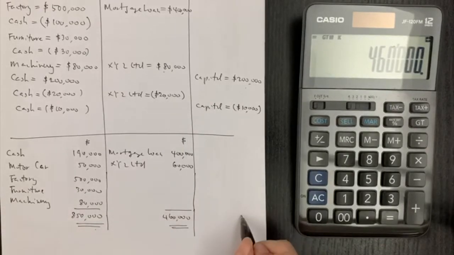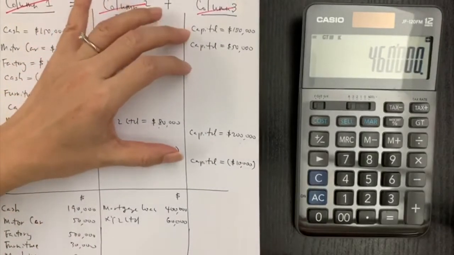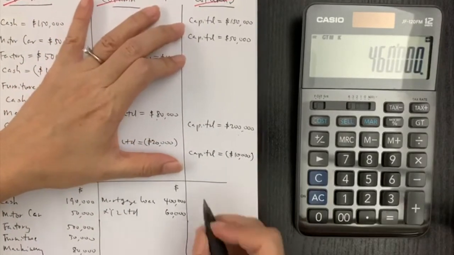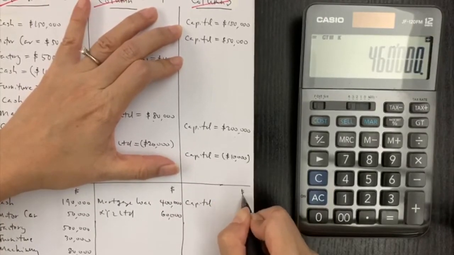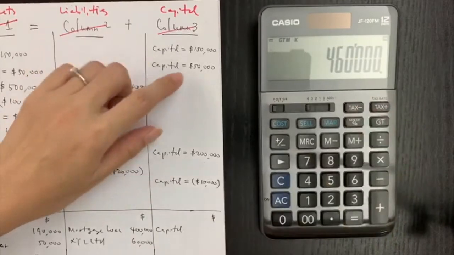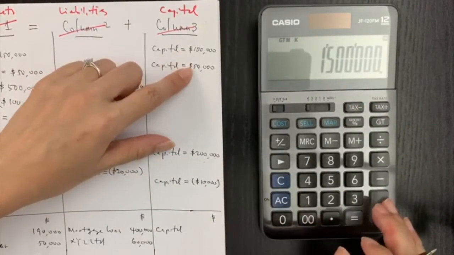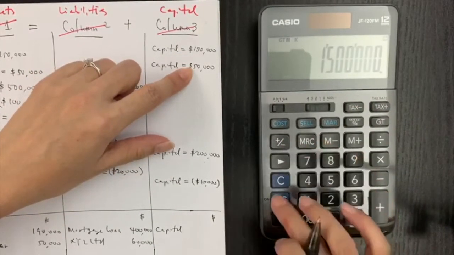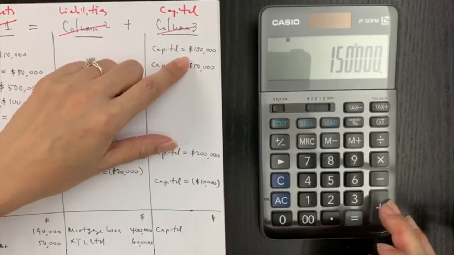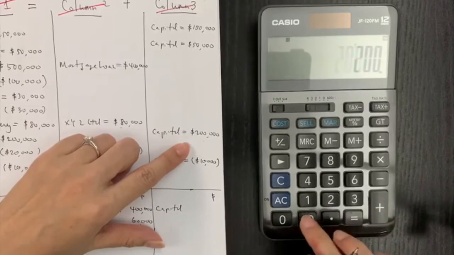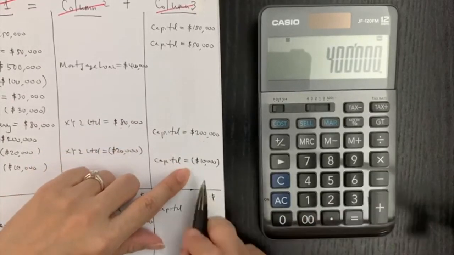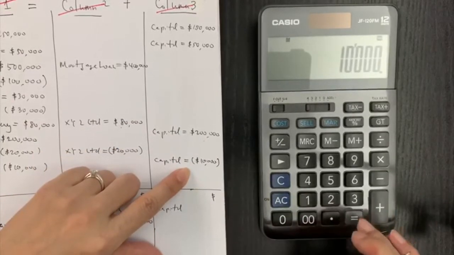Finally, I come to column 3. I have 4 things here, but it is all related to capital. I just show one figure. So here is 150,000 plus 50,000 plus 200,000 minus, I have a negative here, 10,000.